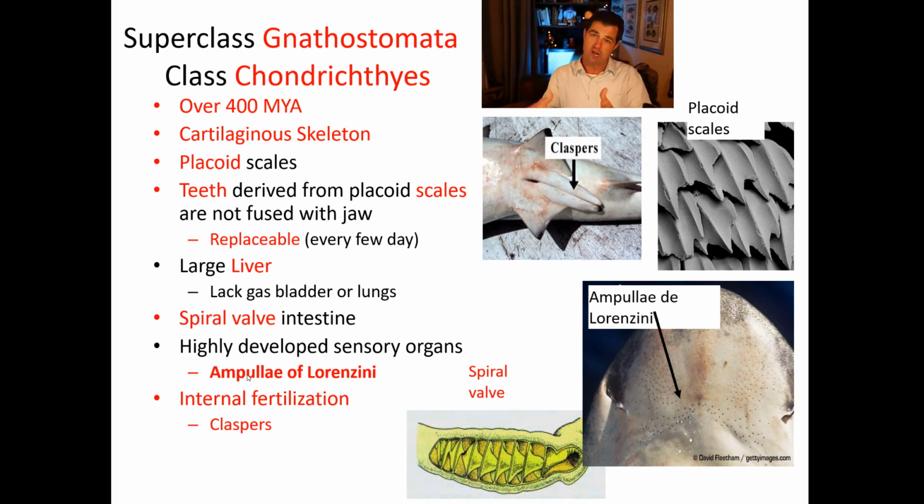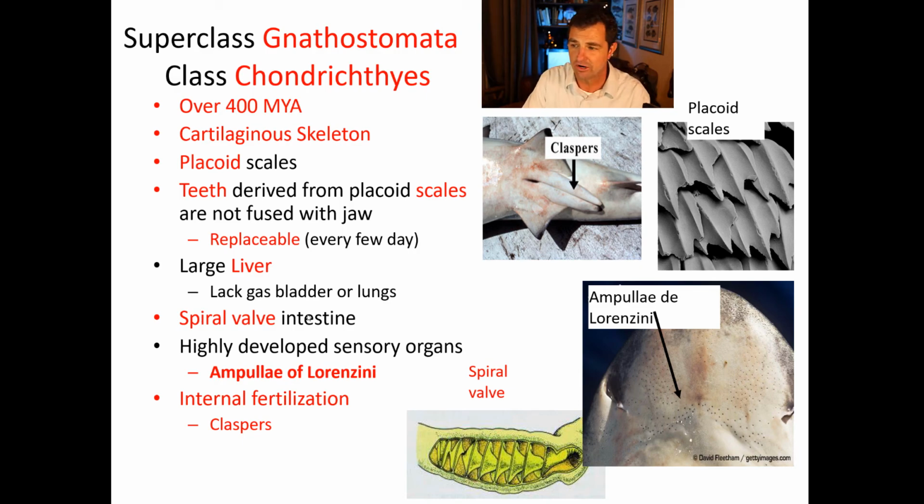Your vertebral column, of course, is made out of bone, but in the Chondrichthyes the vertebral column stays in a cartilaginous form and does not turn into bone. It's kind of the equivalent of the cartilage that we have on the tip of our nose and on our ears, but it stays that way through the whole skeleton.